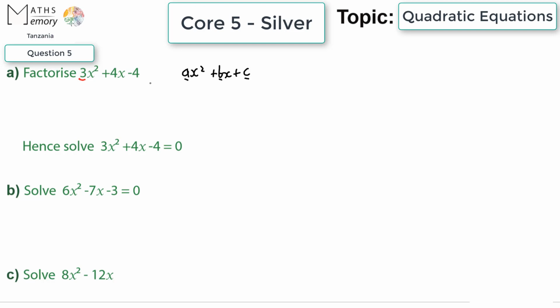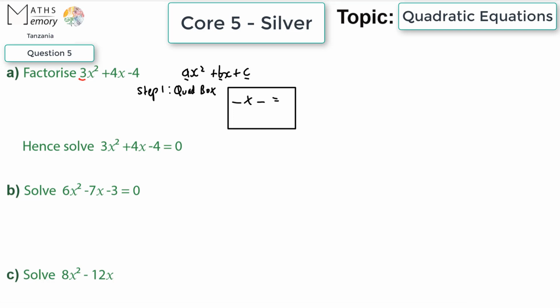So first step is step 1. Now step 1 is to define our quad box. So the quad box is used for basic and advanced quadratics. So you should know this by now. It's 2 numbers that multiply to get a times c.